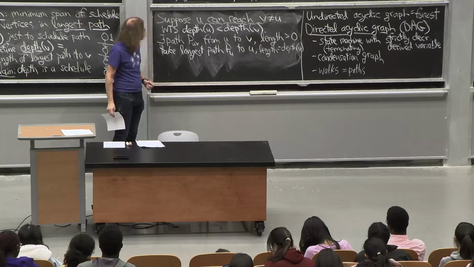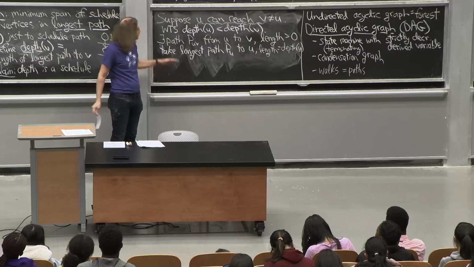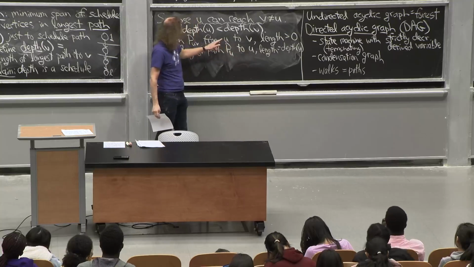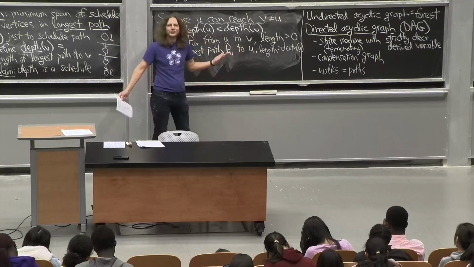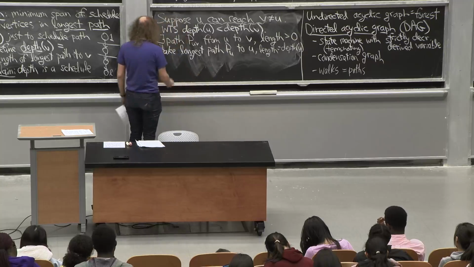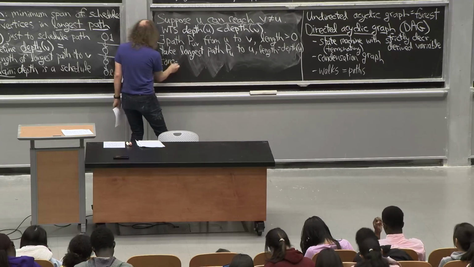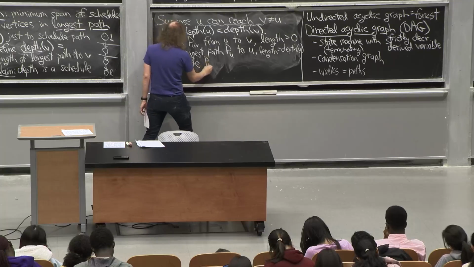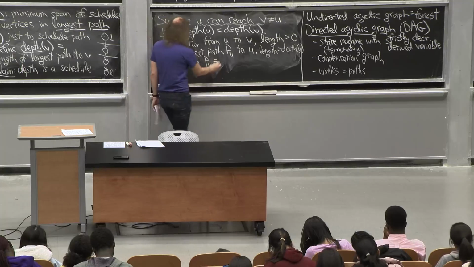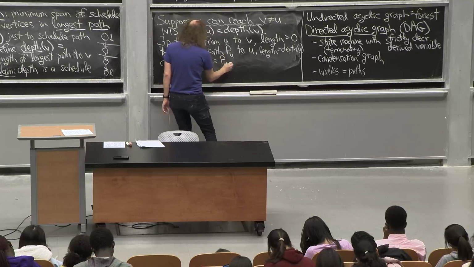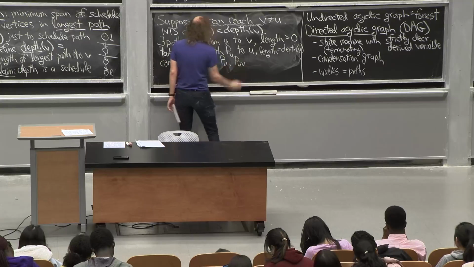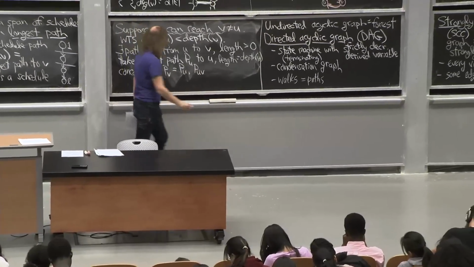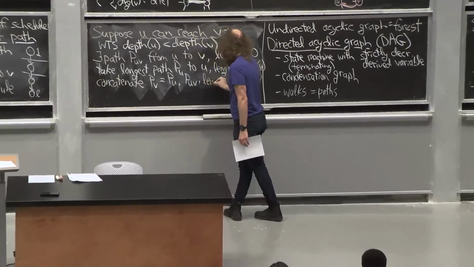All right. Now my big idea is to concatenate these two paths. Because here we have a path that ends at u, and here we have a path that starts at u and goes to v. So the obvious thing to do is glue them together. So let's concatenate. I'll call this p_v, which is going to be p_u, comma, p_uv. So follow the path p_u, then follow the path p_uv.